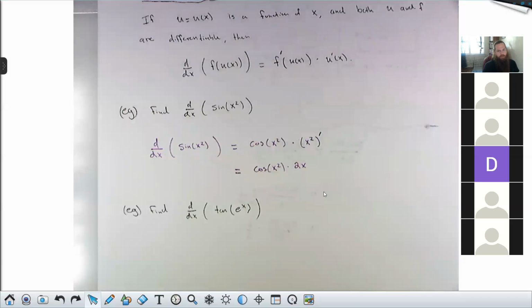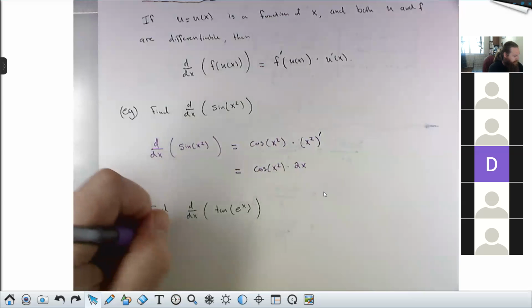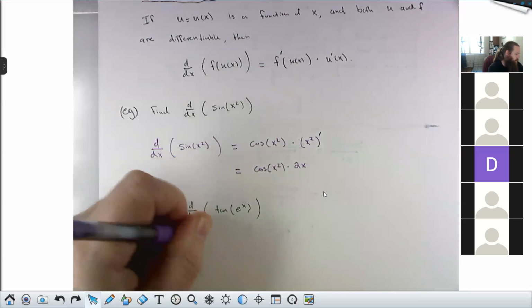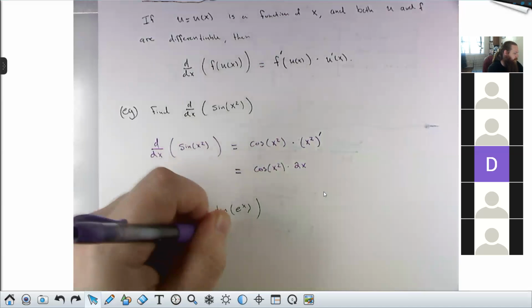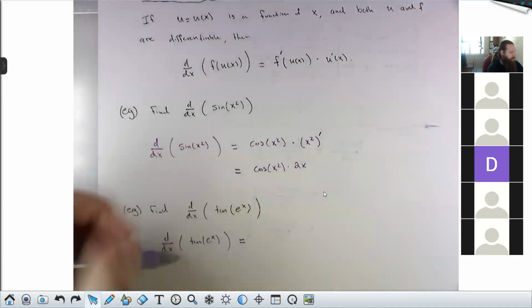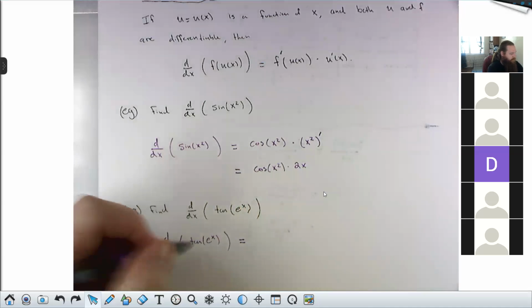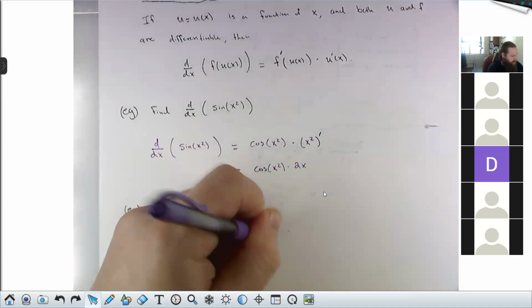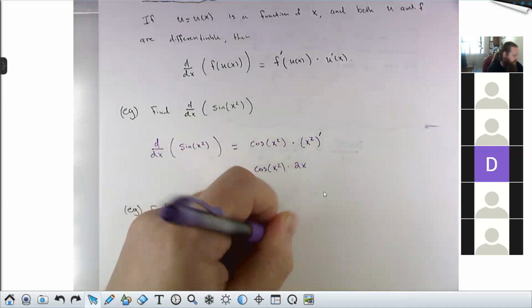Let's find the derivative d/dx of the tangent of e to the x. So again, there's a clear outer and inner function here, right? Tangent is my outer, and e to the x is my inner. So I'm going to differentiate the outer function, leaving the inside alone. Derivative of tangent is secant squared, and I leave the inside alone.